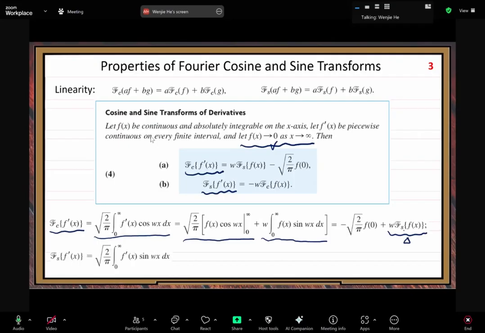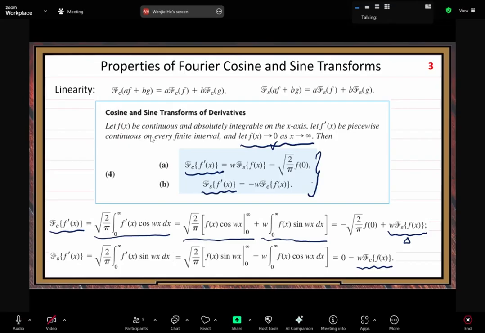Similarly, when you calculate the Fourier sine transform of the derivative function, by the definition and integration by parts, you need the Fourier cosine transform of that function. Pretty straightforward, similar to the Laplace transform, with similar formulas.